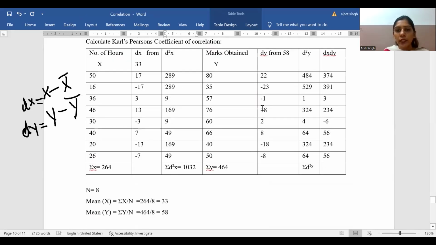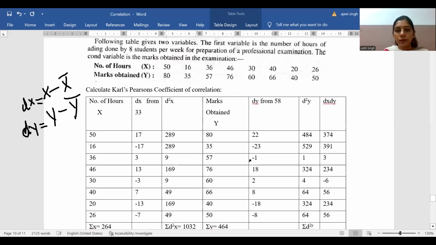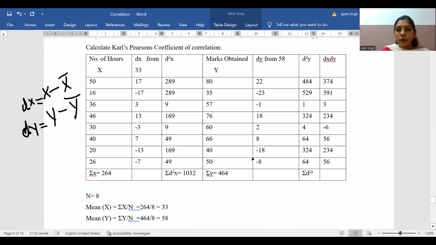Now we have to calculate the sum of d square y.